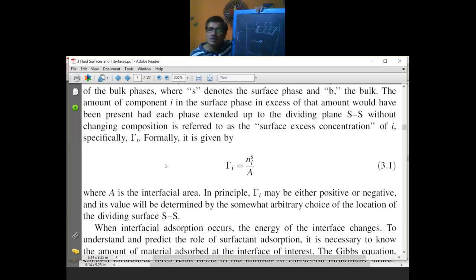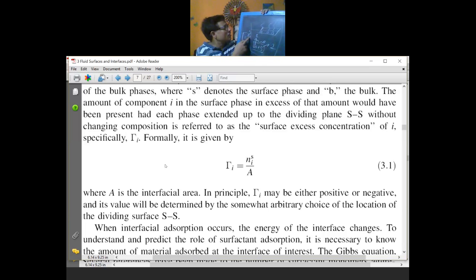So gamma is equal to N_i^S, the number of the ith component at the surface, divided by A. If I have water and surfactant, it is a 2-component system, and the solute, which is present in lesser amount, is defined as component 2, and water would be component 1.